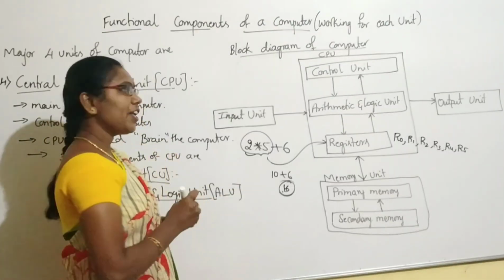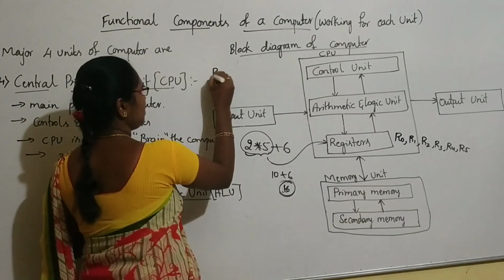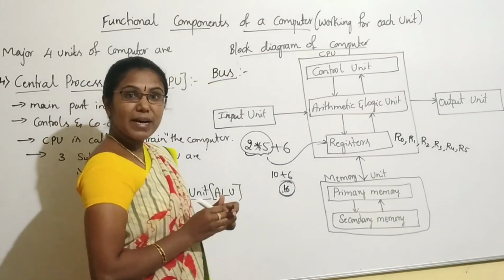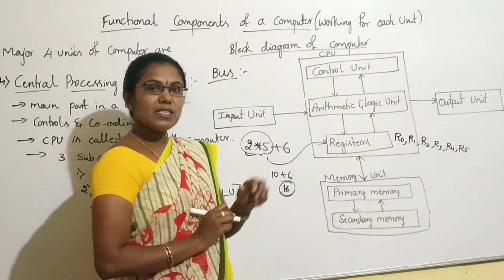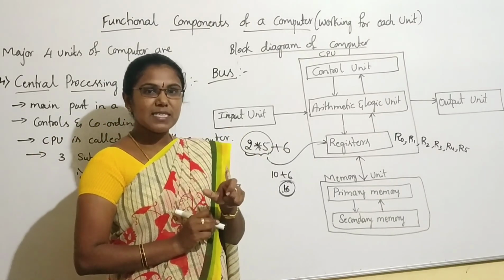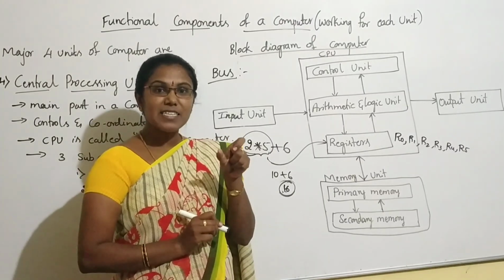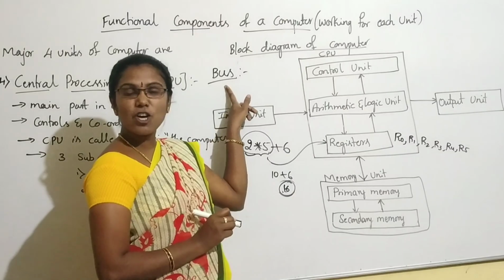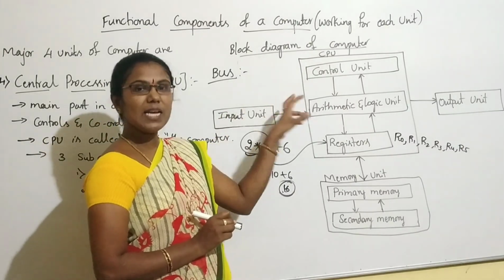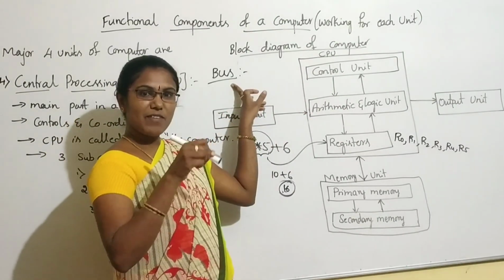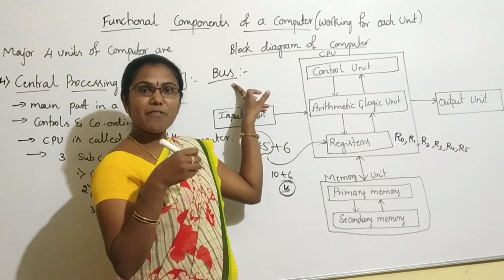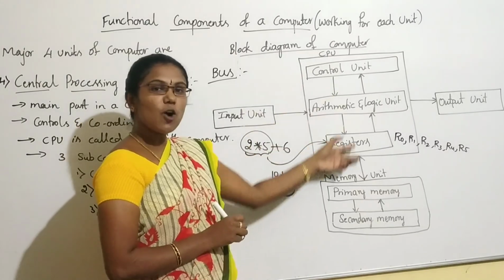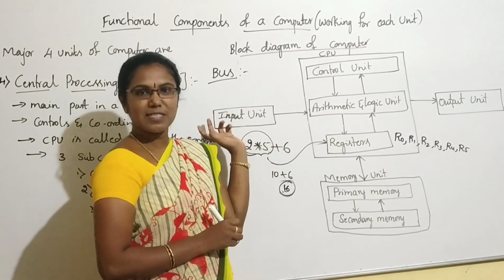We use a bus. A bus is a set of parallel wires used to transfer data from one component to another, or a path for transferring data between different components in a computer system.